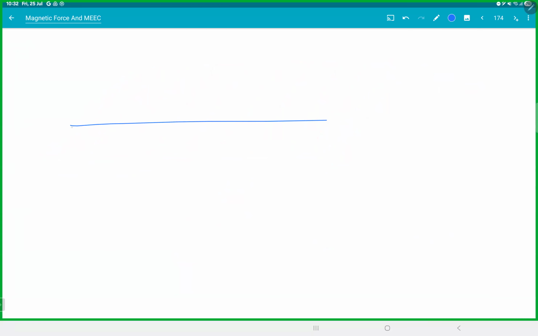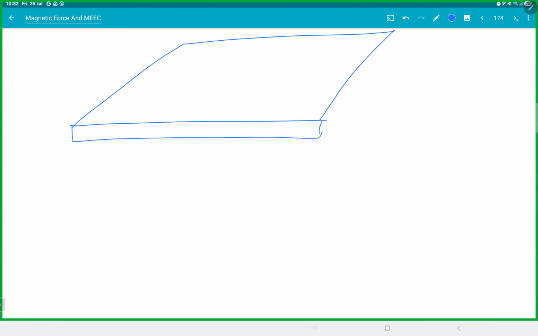When you have the plate, do you have the magnetic field? The plate is generating its magnetic field, right? Which direction? Current is going in. So the field will be this way, parallel to the plate that way.